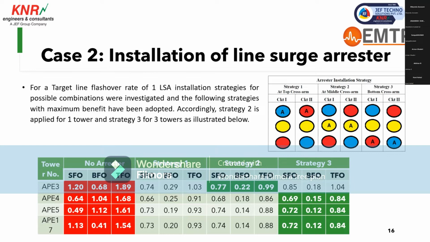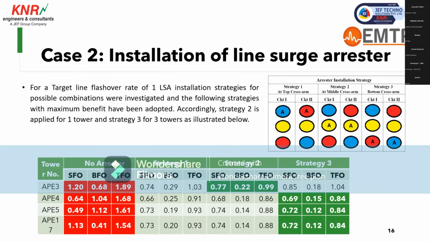The flashover rate obtained for each strategy is tabulated here, and we found very good results for tower number APE3. Strategy 2 works out to be very efficient there, and for all other towers, strategy 3, that is arresters on bottom cross arms.